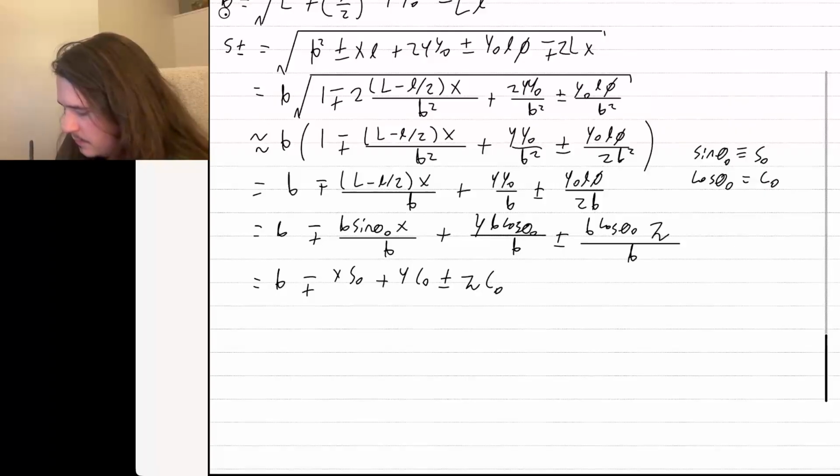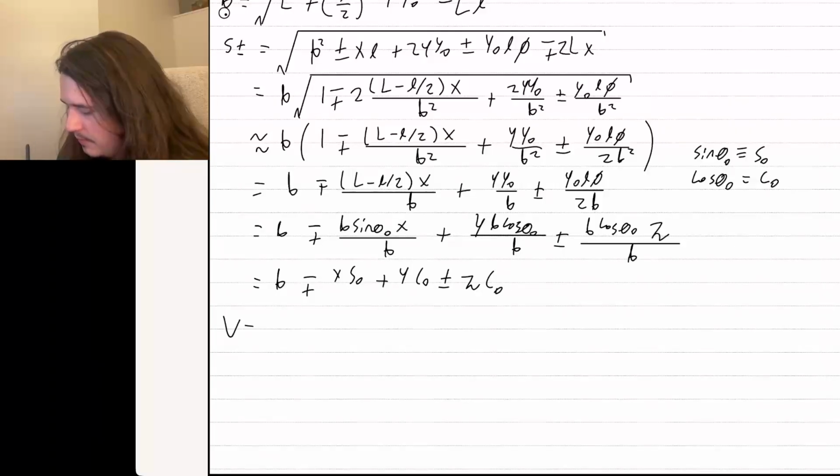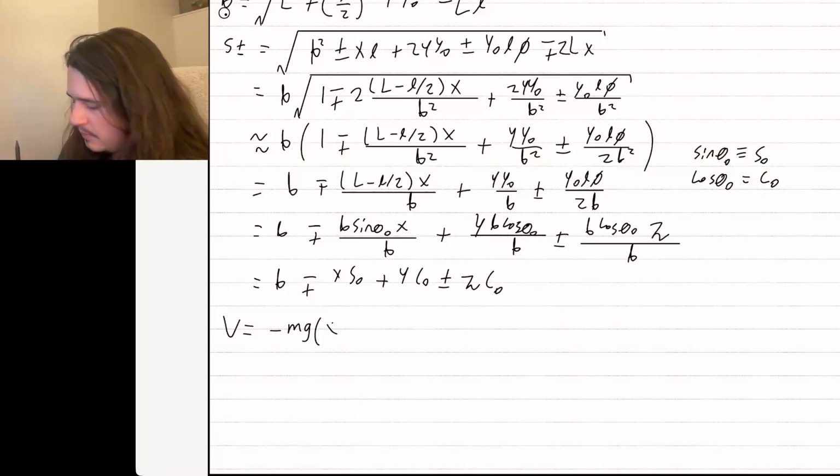Okay, so now we can write out what the potential is, keeping all these in mind. This is still Y plus Y naught.